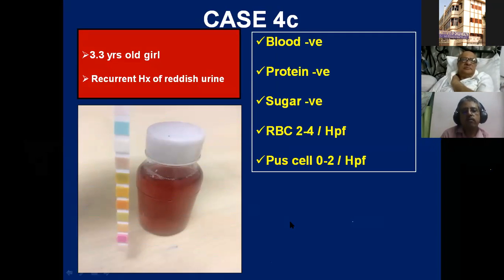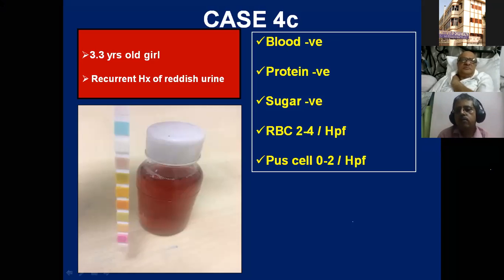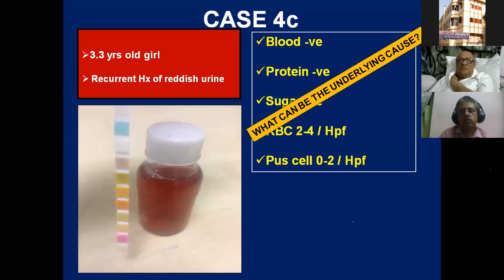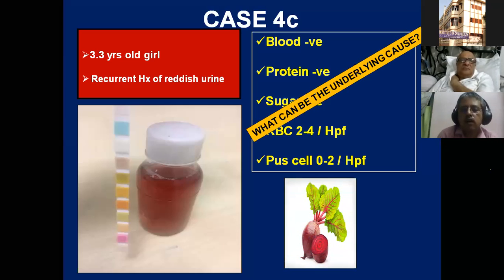So this is not hematuria, this is not hemoglobinuria, practically it is beetroot toxicity. So it was all induced from beetroot. So that is what you call beeturia, and other causes can be any sort of medications which can cause alteration in the color of the urine.